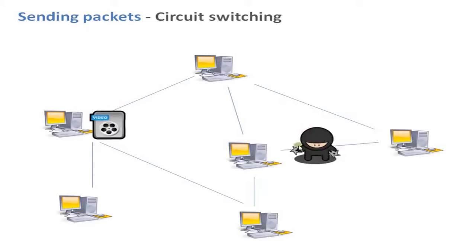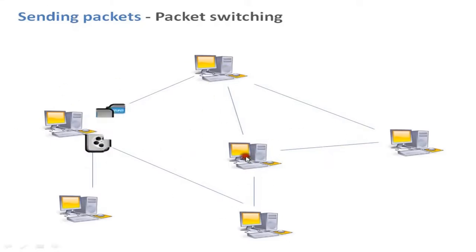Unfortunately, if there's a hacker watching the network, it's really easy for him or her to intercept the packets as they're sent, because he knows the exact route that the packets are going to follow to their destination. In packet switching, all the packets follow different routes to get to their destination.